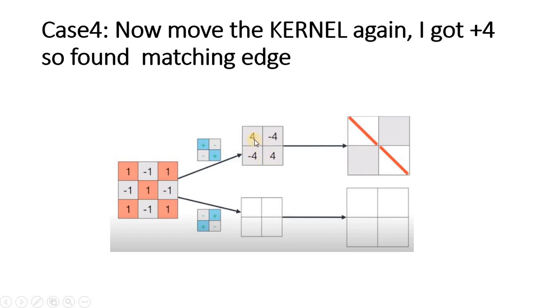Plus 4 means an edge is present there; minus 4 means nothing is present. Always assume that if any number is greater than 3, the edge is present. So there is an edge here, no edge, no edge, and an edge. This is for the kernel of backward slash.